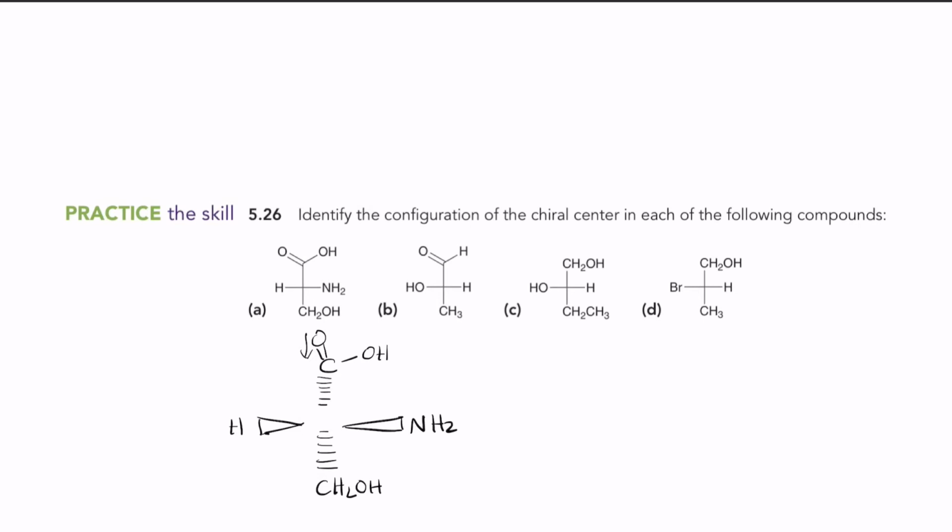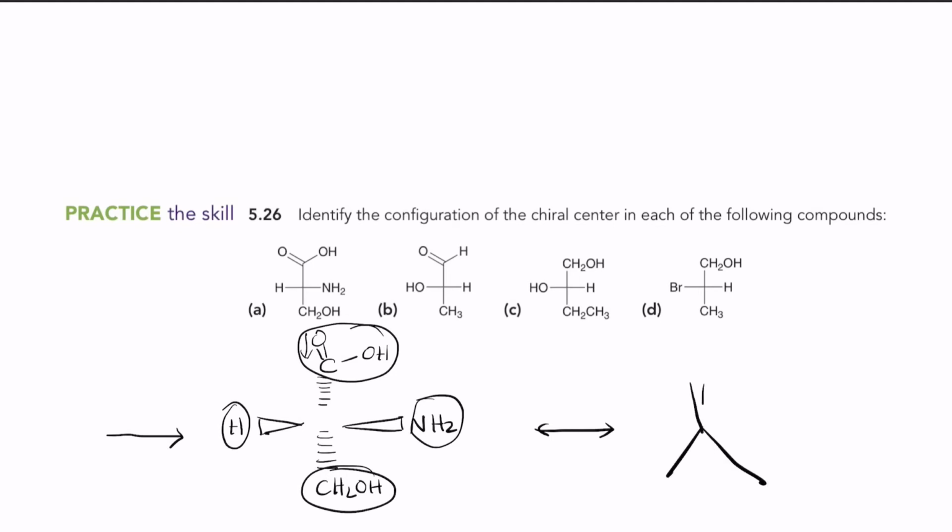So when you want it to be on the bottom, what you do is rotate it 90 degrees. How do you rotate it here? Rotation involves converting this structure into a normal structure first. So let's take a look at this structure and try to write it down. How do you look at it? You look at it from this direction. When you look at it from this direction, hydrogen is in the front, NH2 is in the back, and COOH and CH2OH are on each side. When you write it down, it will look somewhat like this.